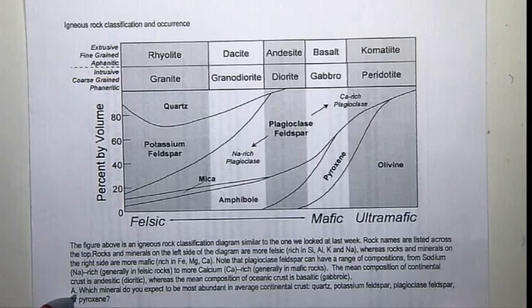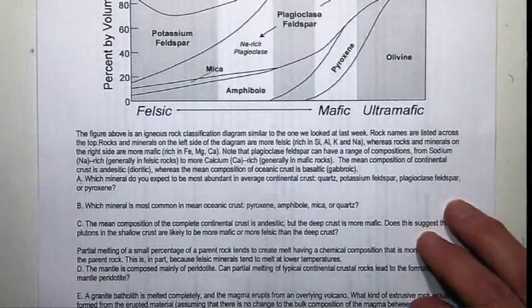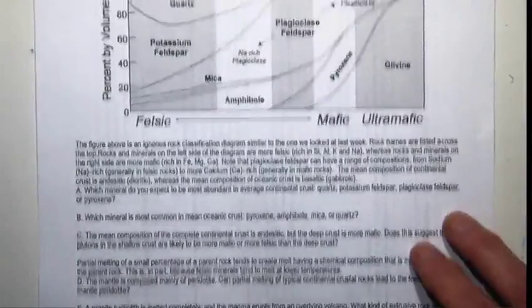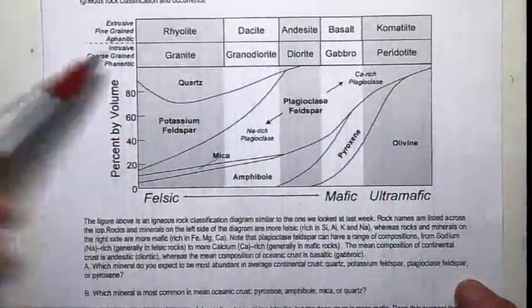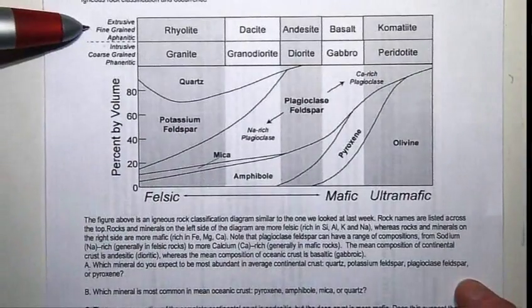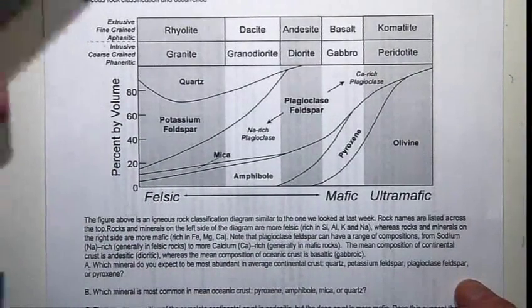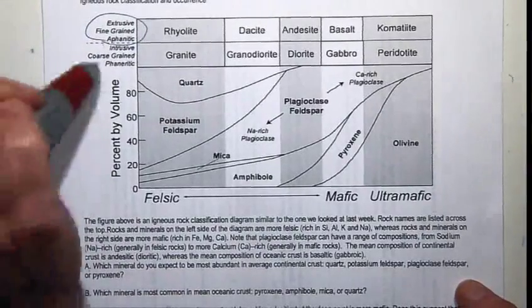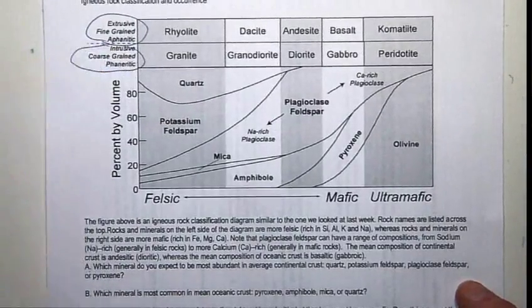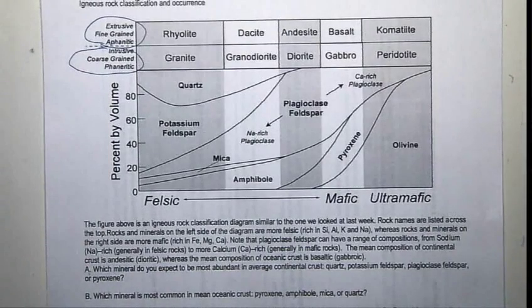So I explained it in text, so ignore me and read if you prefer to read yourself, but it's got rock names listed across the top, both the aphanitic or fine-grained or extrusive version, those words we all use as being synonymous, or the intrusive, coarser-grained phaneritic. Could still be quite small grain, but the point is you can see the grains with your hand lens.